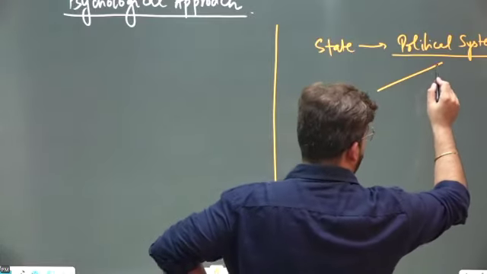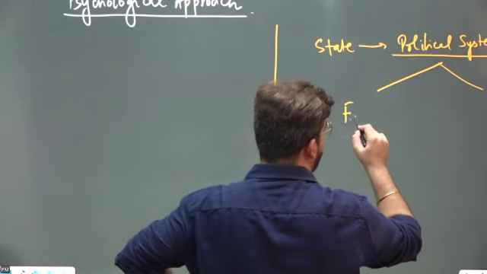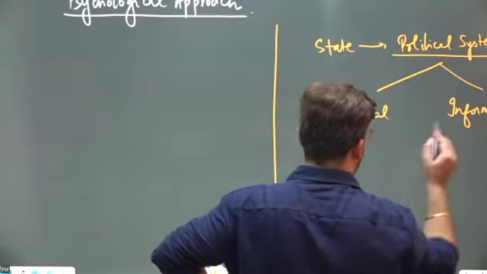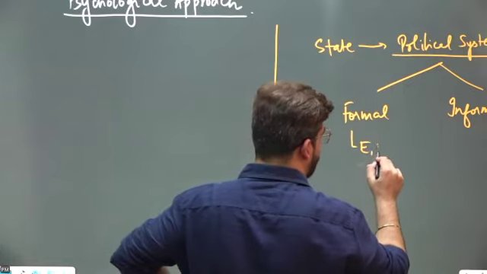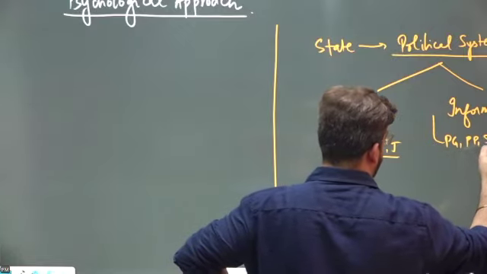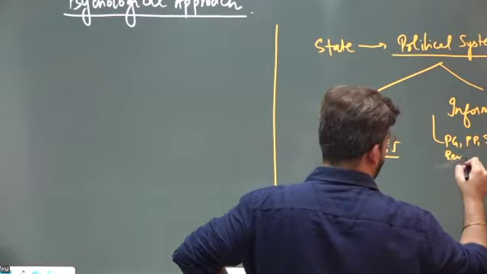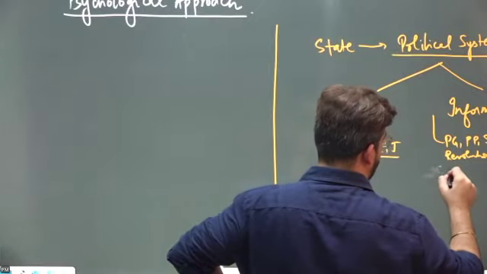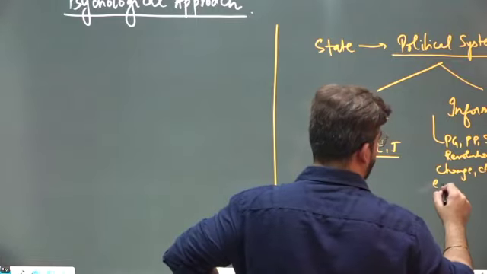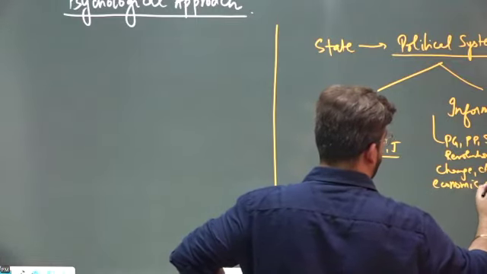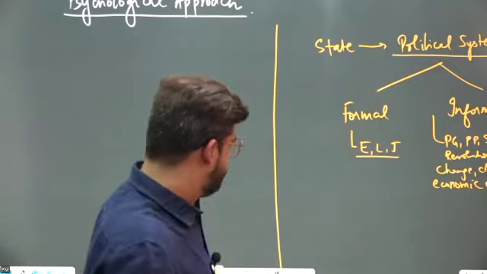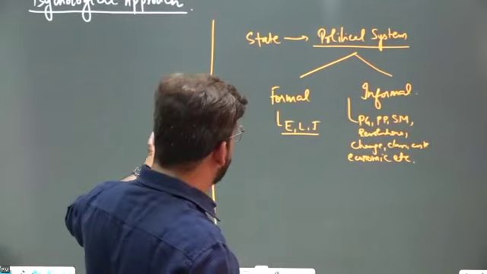And this political system should study not only formal institutions, but also informal institutions. I hope you remember this. You should not only study executive, legislature, judiciary, you should also study pressure groups, political parties, social movements, revolutions, change, class, caste, economy, these kinds of factors and their linkages. This is the political system which we have conceptualized in the systems approach.